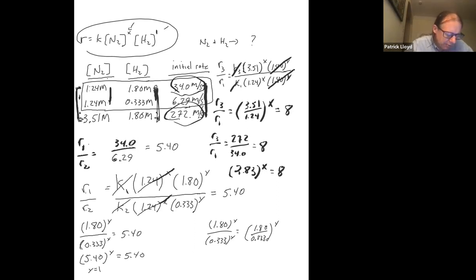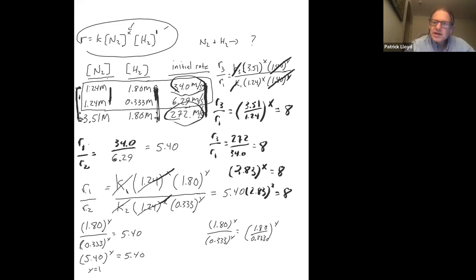All right. So now, I'm not going to go through the laws of logarithms, but essentially you can start plugging in different values for x. Suppose I make x equal to 2. So 2.83 squared, you get 8.